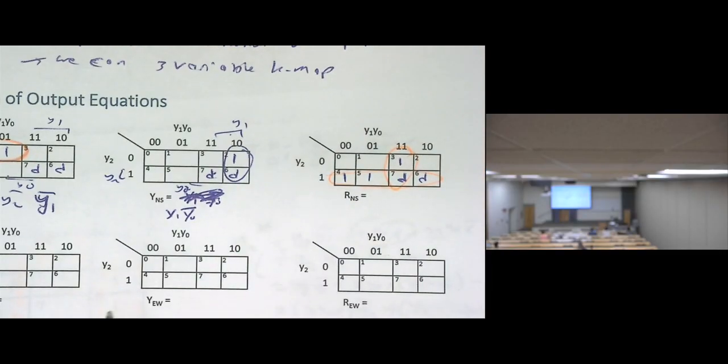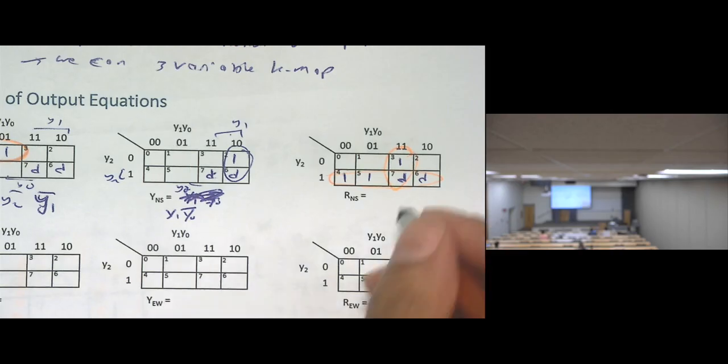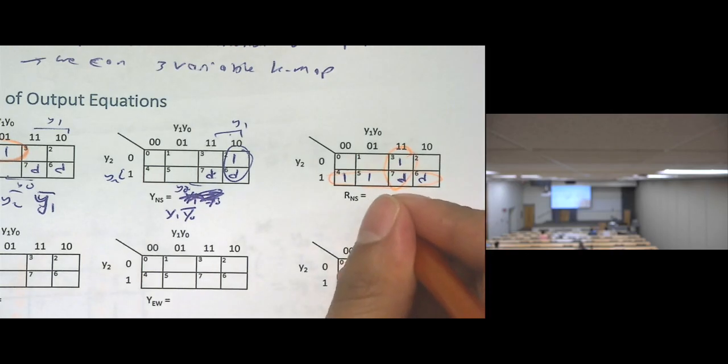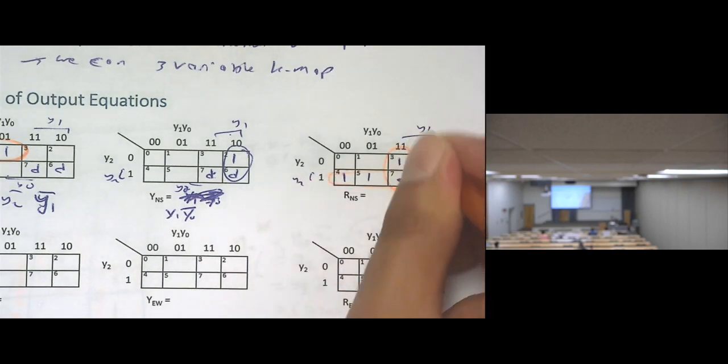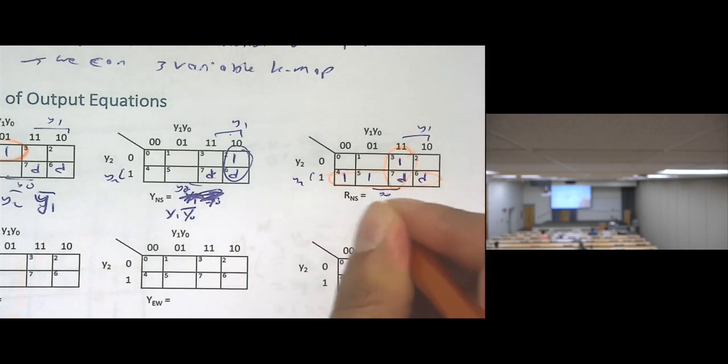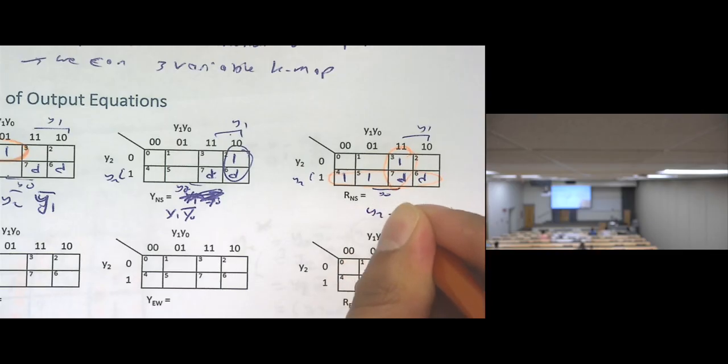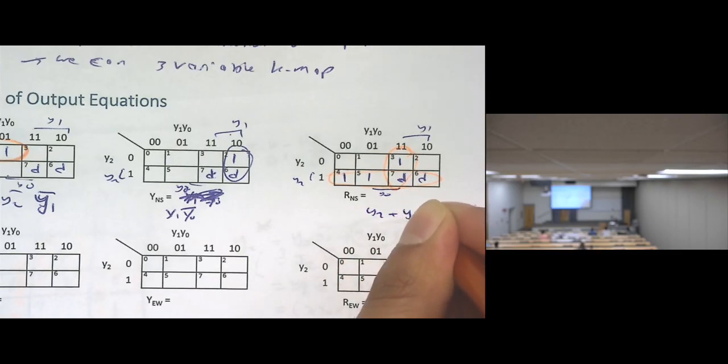So basically, it's going to be, here is Y2, here is Y1, here is Y0. So it's going to be Y2 plus Y1, Y0.